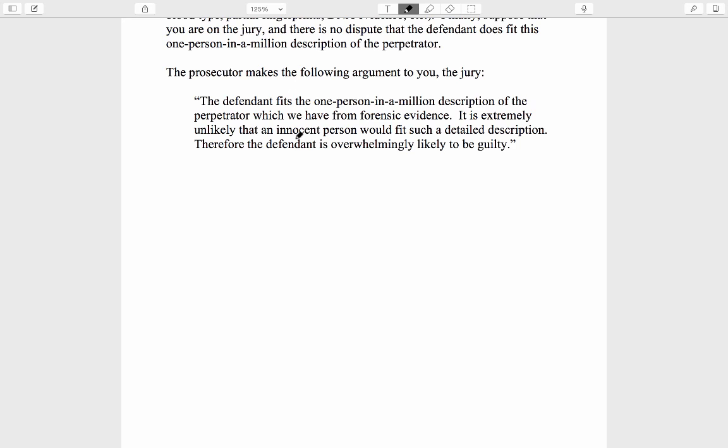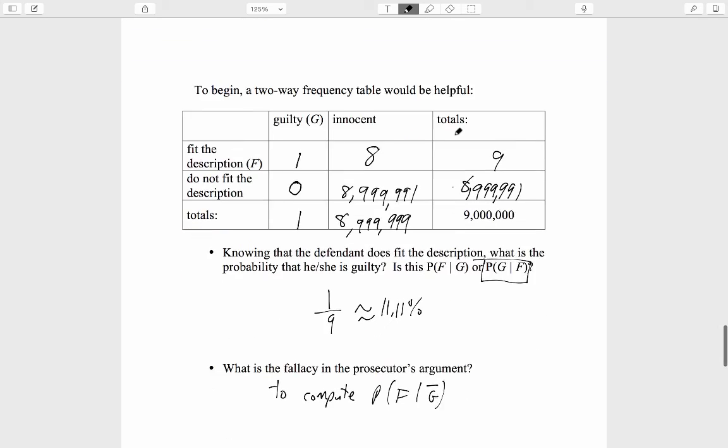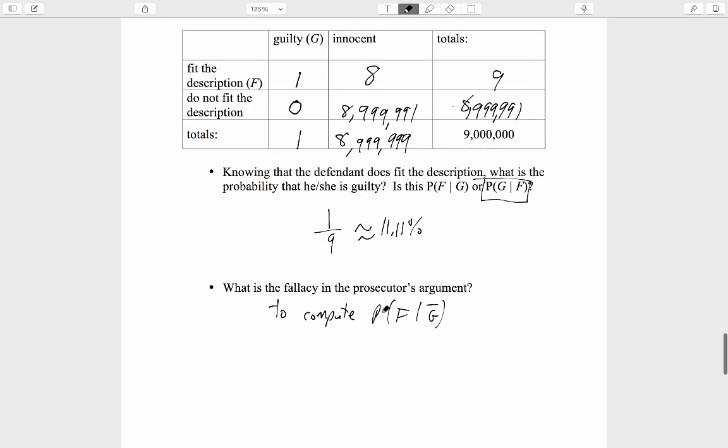The probability that, given that the person is innocent, they would fit the description is very small. But the probability that, given that the person is not guilty, they fit such a description, that is exactly the probability of F given not G. Fits the description given that they are innocent. This is the wrong thing to compute, and it is conditioning in the wrong direction. This is the right way to condition to answer the question that we are asking.